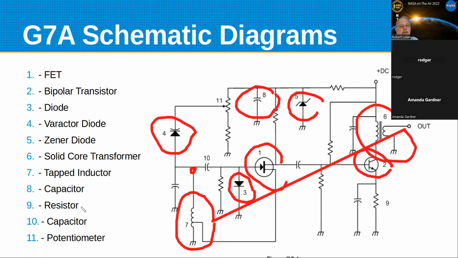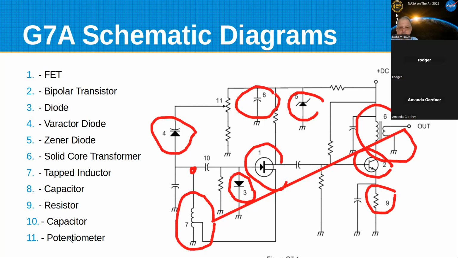Then we have our ubiquitous resistors, and they're all over the place. So number 9, and those symbols are all the same. The only time you might see a difference is a variable resistor or a potentiometer, where it'll have a tap or a line through it showing that it's variable.